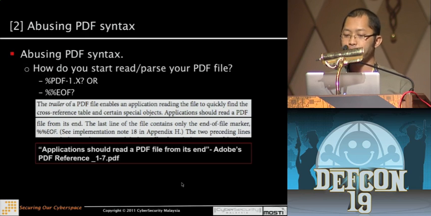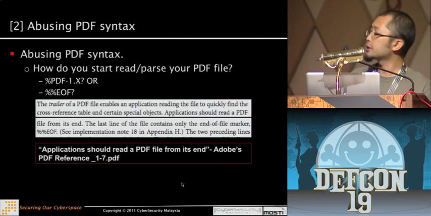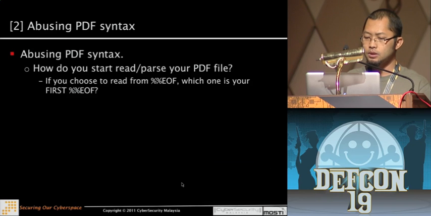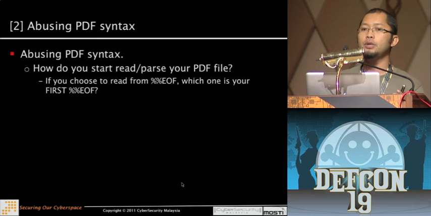According to the Adobe reference, you should start from the end of file of the PDF. But the problem is, if you choose to read from the EOF, which one is going to be the first EOF?